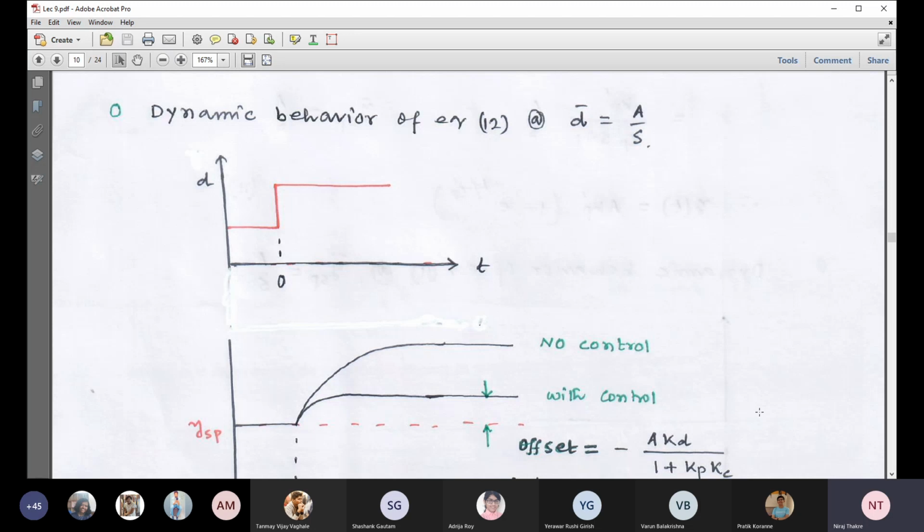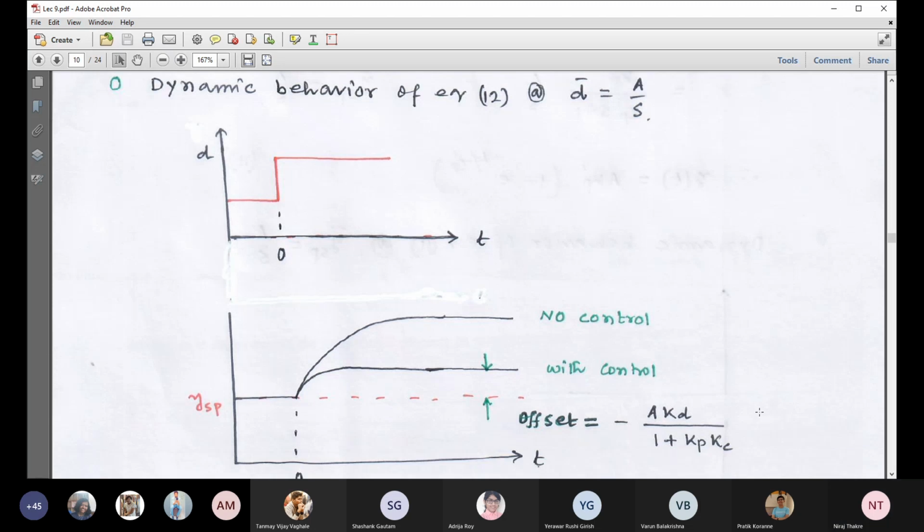See the offset. In fact, you draw this figure as well. Anyone got this expression?